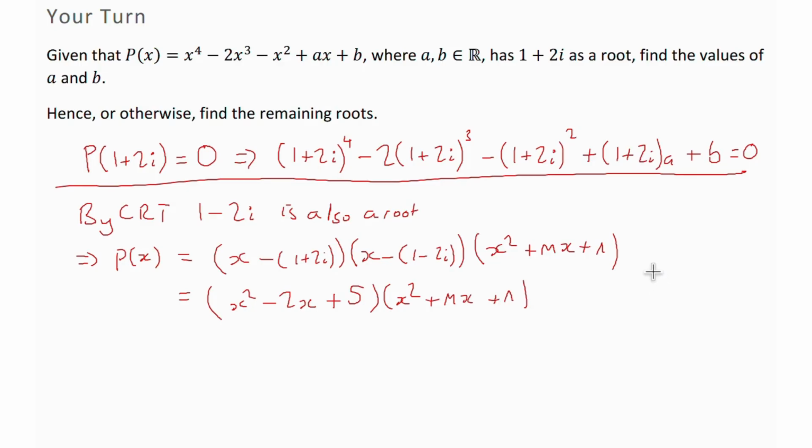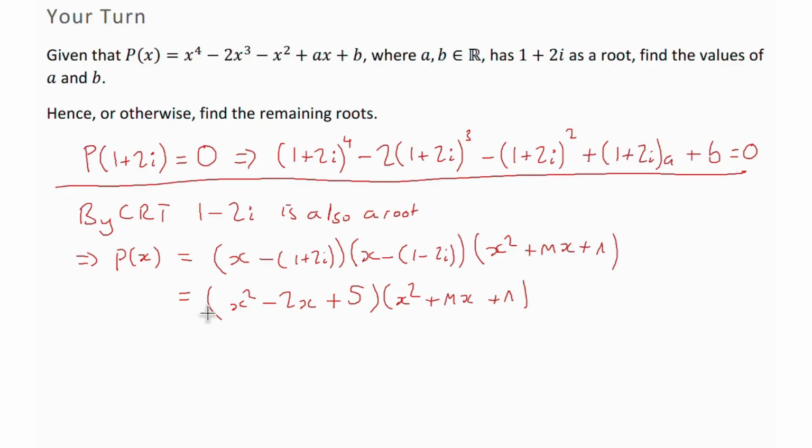Now, our normal trick at this stage is to think, well, how do we get the b, the constant? It's 5 times n. We can't do that here because we don't know what b is. So we're going to go the other way around. We've already got the x to the 4, but can we work out the x cubed? Well, how could we get x cubed?